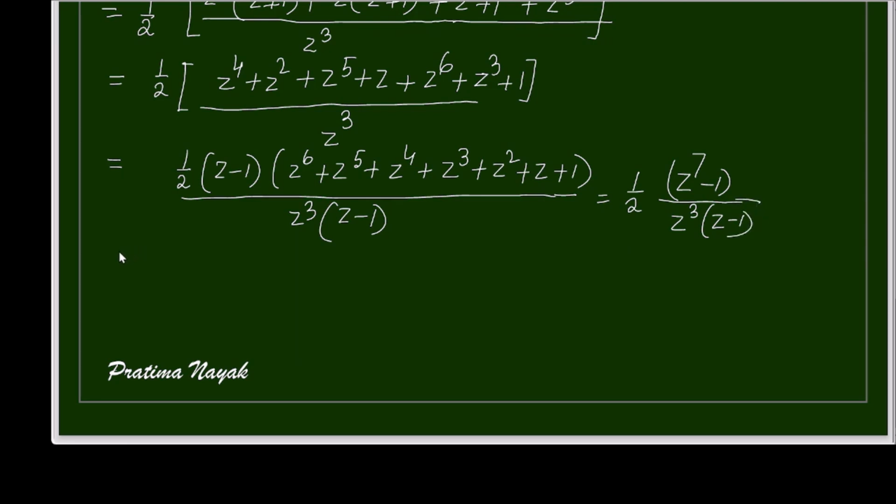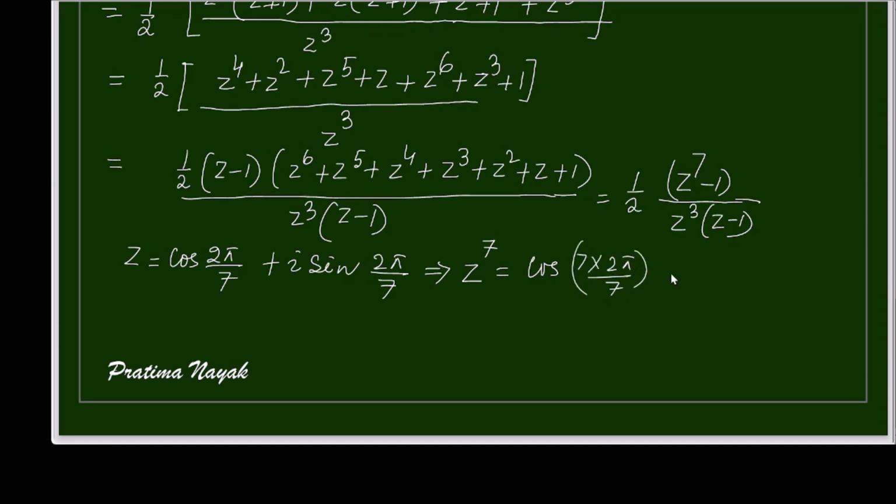How? Because z equals cos 2 pi over 7 plus i sin 2 pi over 7. So when I take z power 7, it will be cos of 7 multiplied by 2 pi by 7 plus i sin of 7 multiplied by 2 pi by 7.